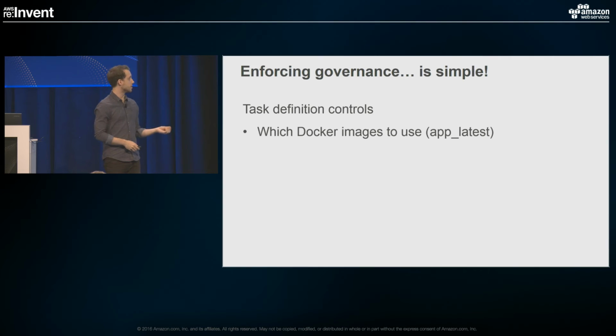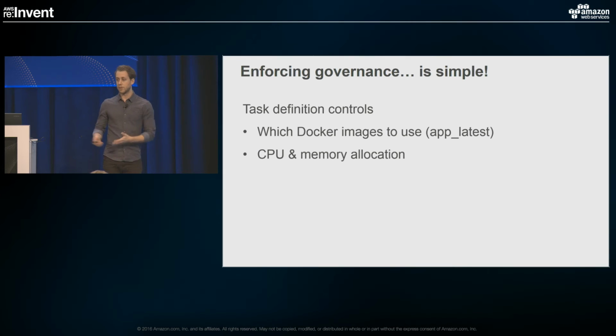So you can do things like enforce which Docker images are going to be used. You can allow people to execute that task definition, but not to modify the reference in it to what Docker containers it's pointing to. And this allows you to ensure that those Docker images that the task definition is pointing to are always tested from a security perspective.